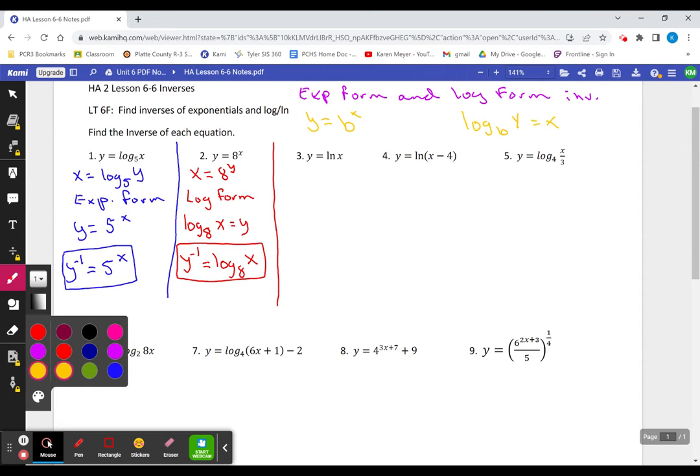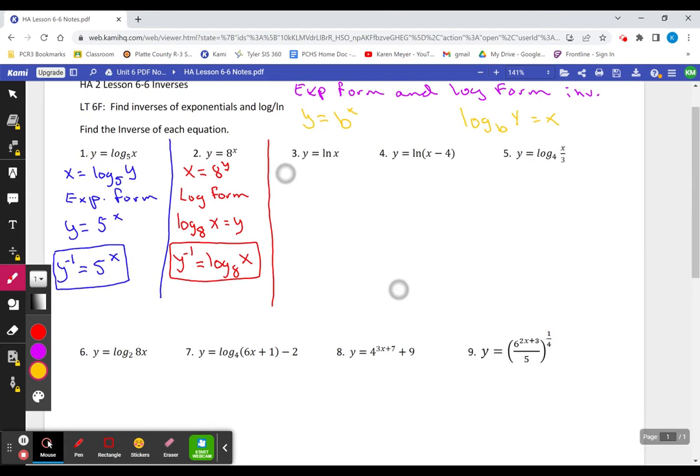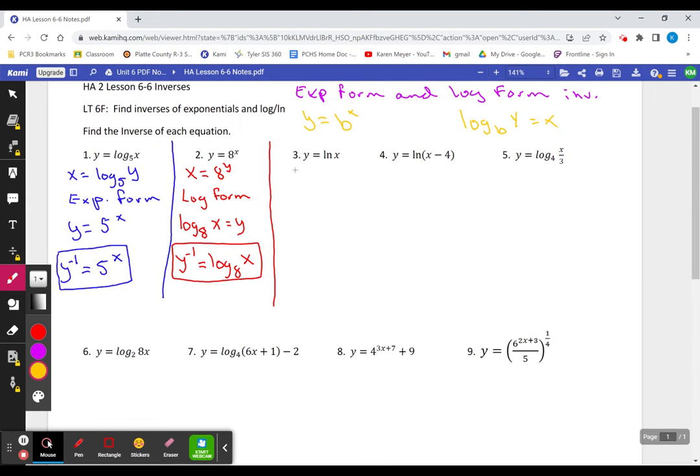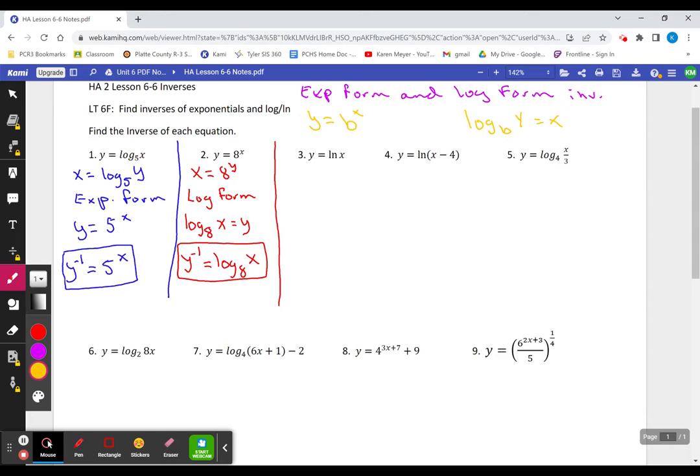Number 3, start by switching x and y. So we're going to have x equals ln of y. And then ln is technically still the log form, even though it doesn't have log, it has ln. And so our job is to write it into exponential form.